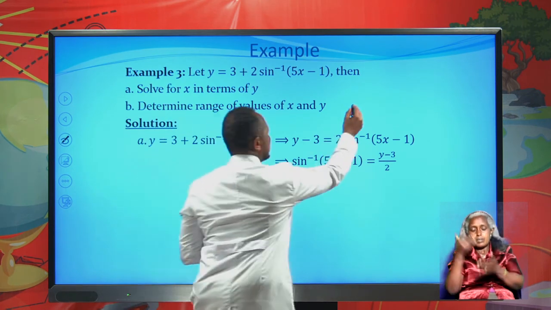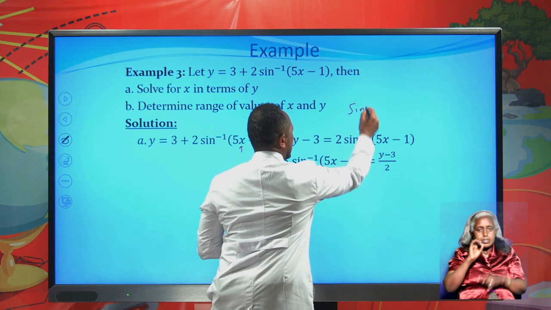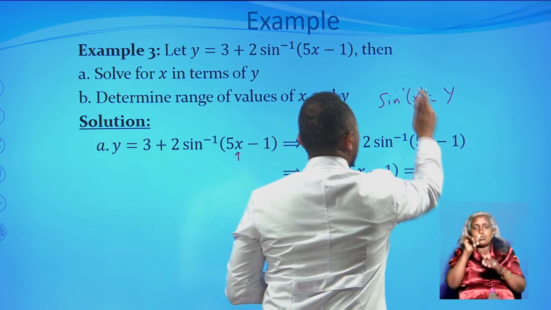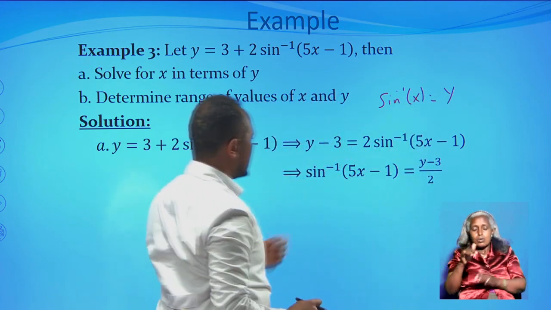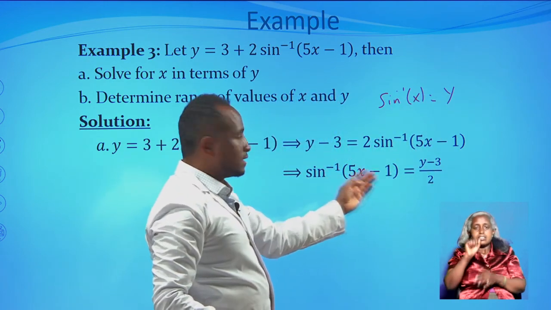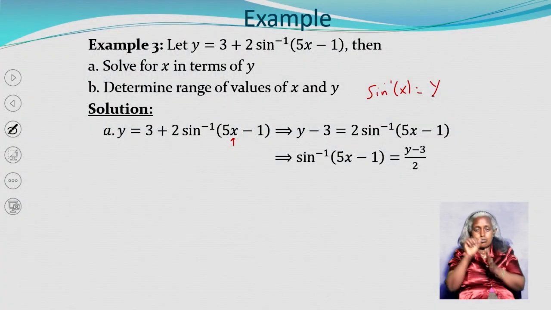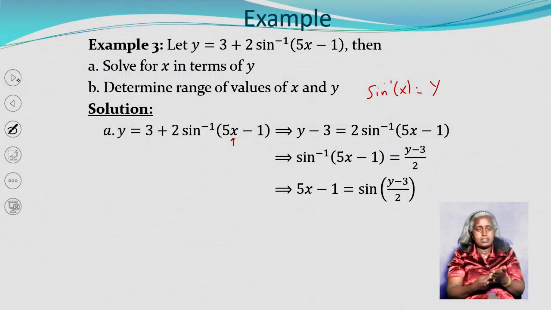If you remember, sine inverse of x is equal to y means sine y gives you x. Sine inverse of this number means sine this number gives you 5x minus 1. So you will have this, 5x minus 1 is equal to sine of y minus 3 over 2.